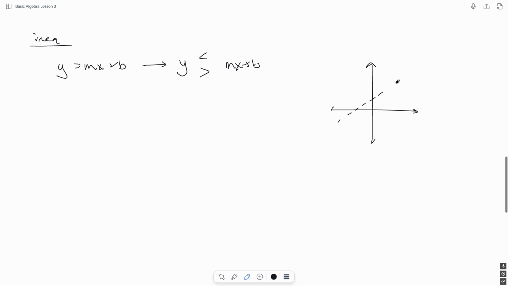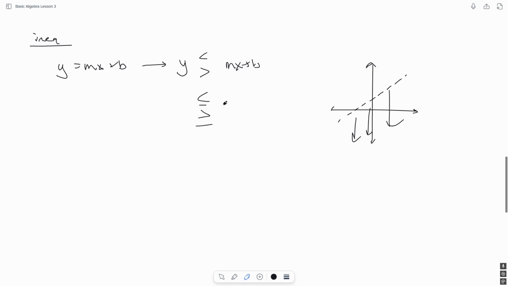The line can be dotted or solid, colored in, depending on if this is less than or equal to, or greater than or equal to. This will have the equal to. This is just less than or greater than. If it's greater than, you'll go up, which makes sense, right? If it's less than, you'll go down.